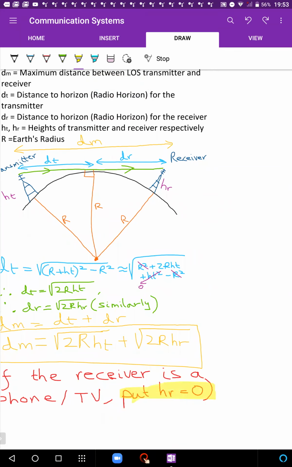If the receiver is a phone or a TV, it's not an antenna on top of a tower, and it's safe to assume we are not on a high-rise building. Basically, if you're close to the surface of the earth, a receiver like a phone or a television, you can put hr as 0. When you put hr as 0, dm is root 2r ht. Here dm is basically dt. So that's the max distance you could be at.